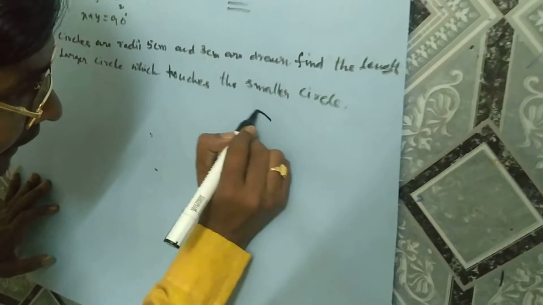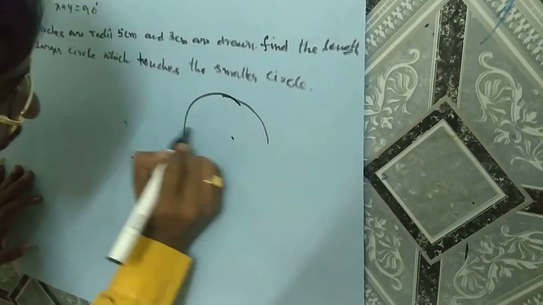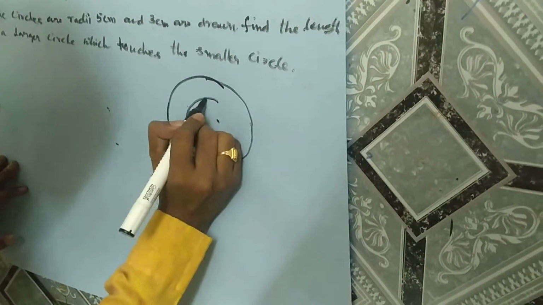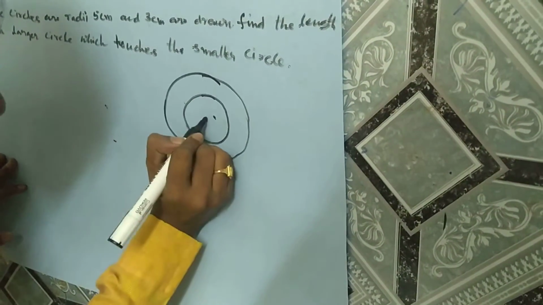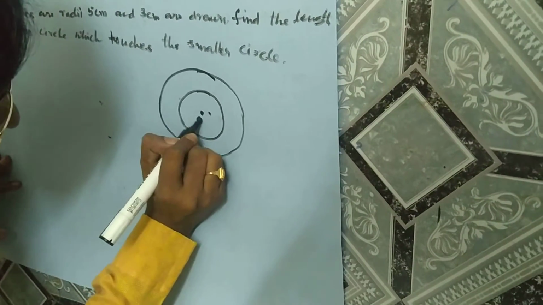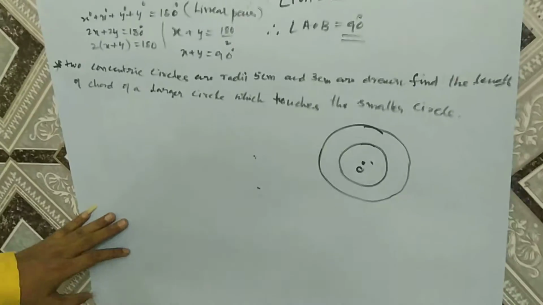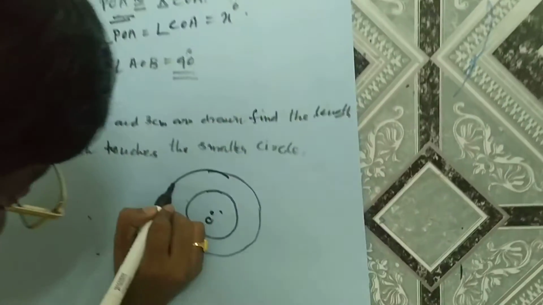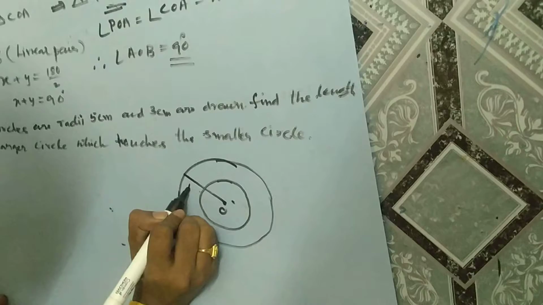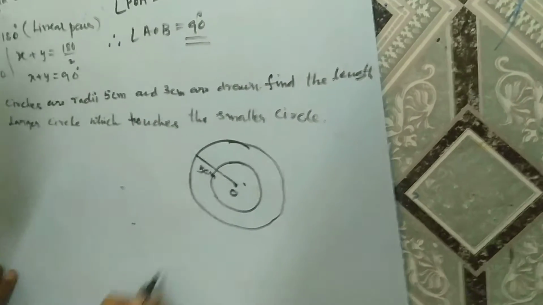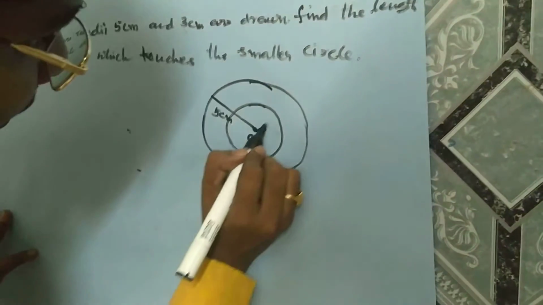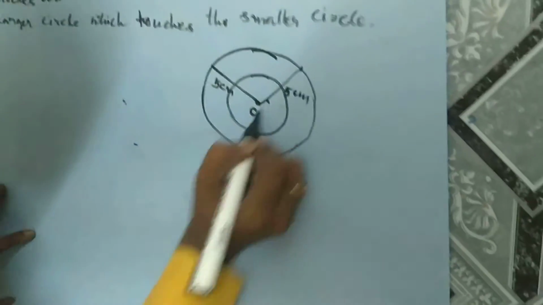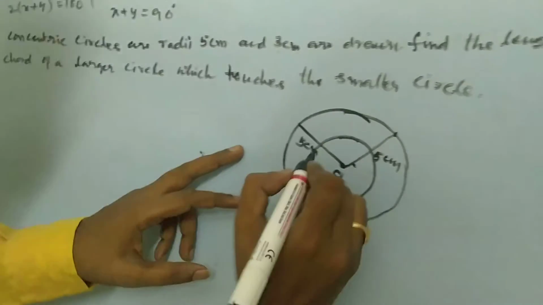Take two concentric circles with center O. Draw one circle, and draw another circle with center O. These two are the concentric circles. The bigger circle's radius is 5 centimeters and the smaller circle's radius is 3 centimeters.